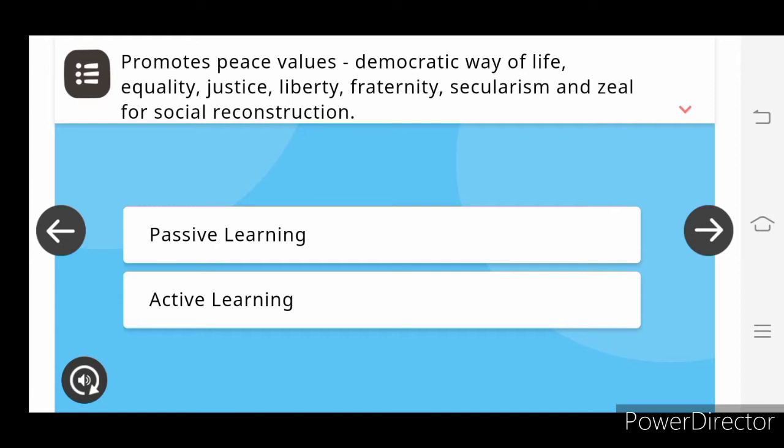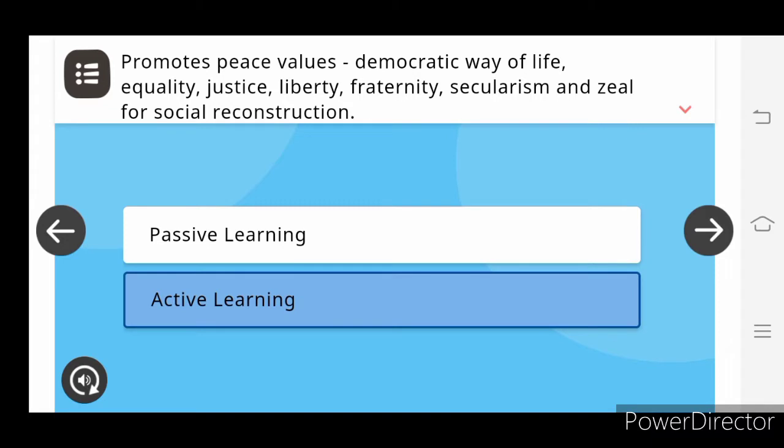What is it? Is it passive learning or active learning? So it is active learning, right?